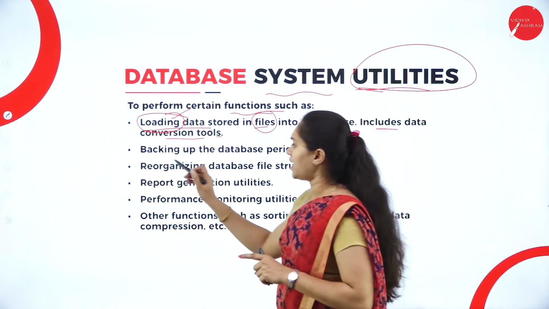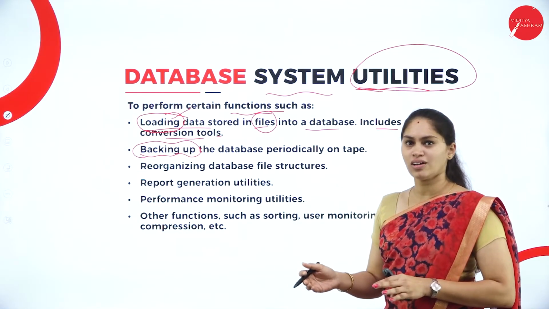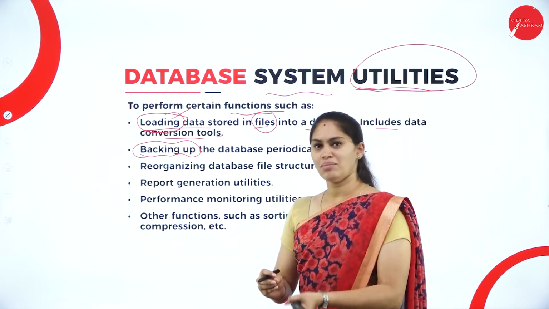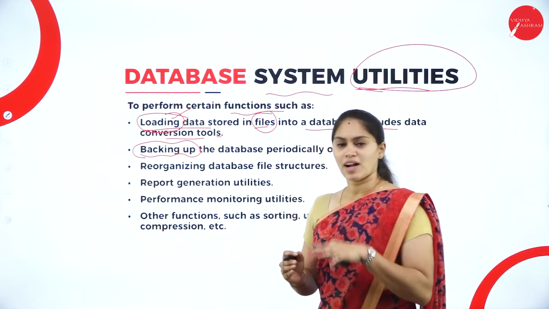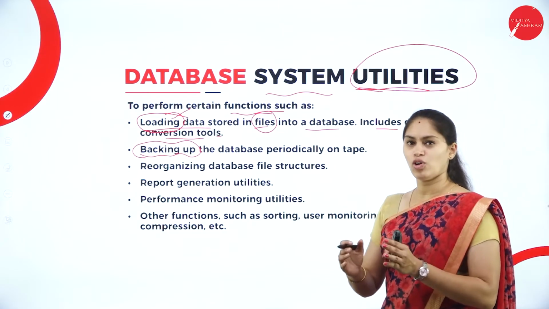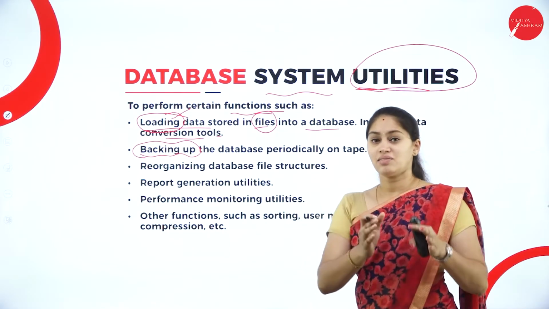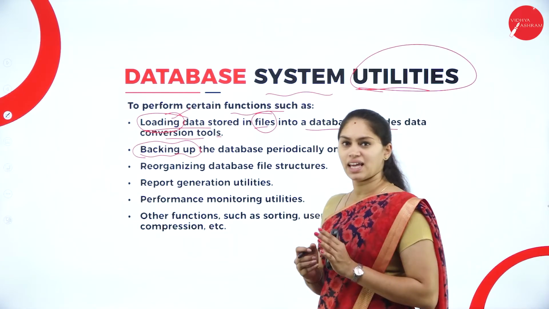Then I have one more called backing up. If something goes wrong, am I going to get the same data back or not? That is what backing up is for. If we have backing up, we are going to have a file in more number of copies. So if something goes wrong with this server, another server is going to help me get it back. That is the backing up option.